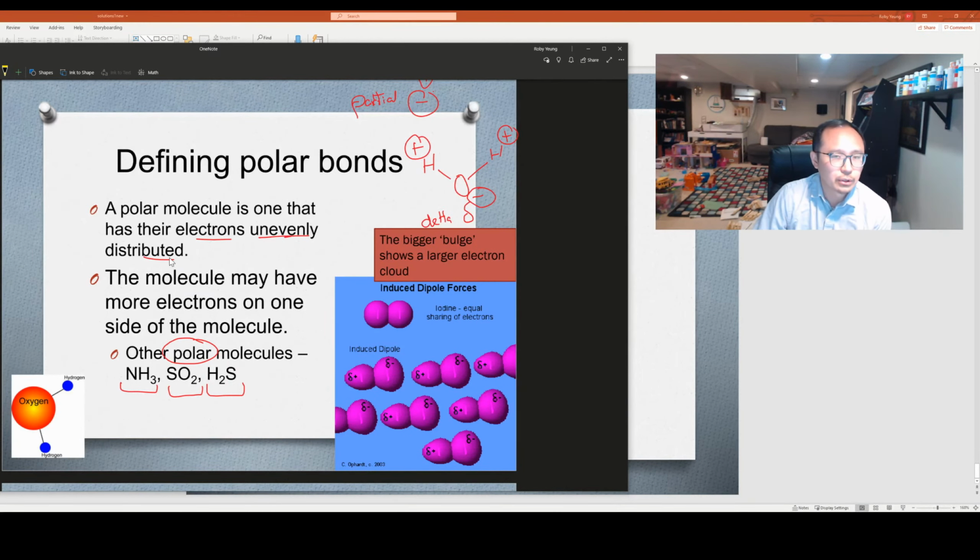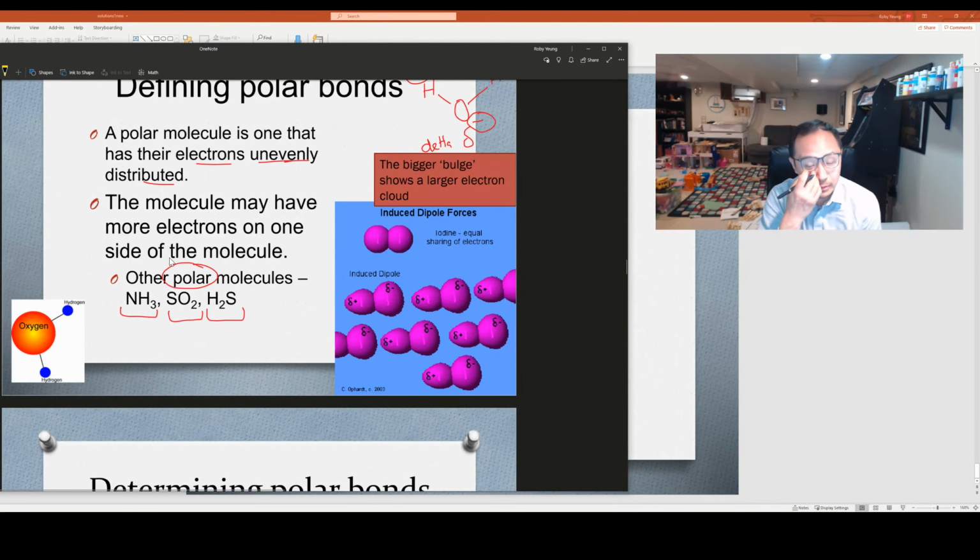If we look at this picture, you're going to see this in grade 12 again, but oxygen is bigger because there are a lot more electrons surrounding it, and also it's a bigger element, while hydrogen is left with positive. Because of this polarity, that's why it's called a polar bond, there's a difference of charges. It makes it a lot easier to dissolve things.